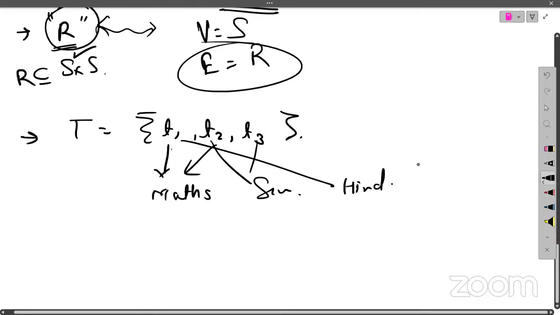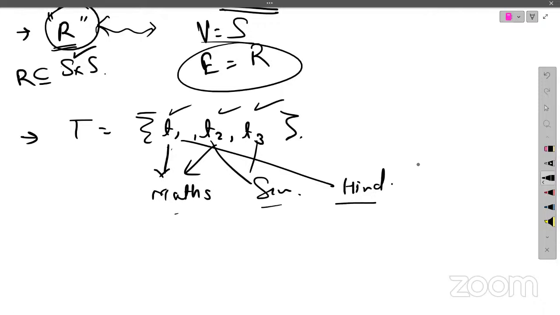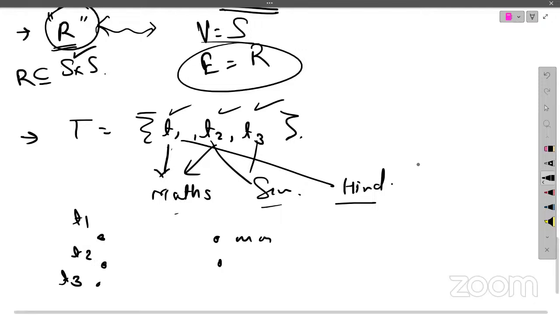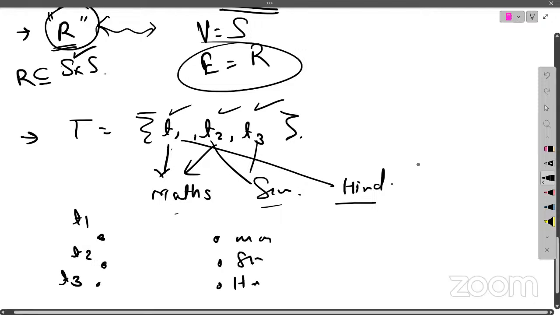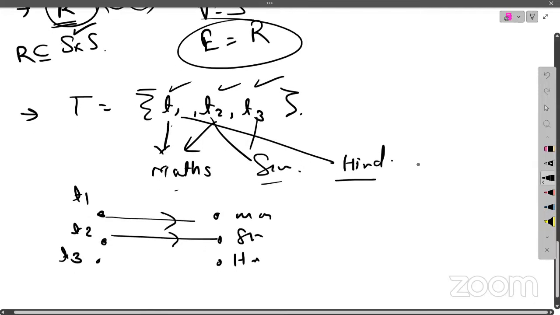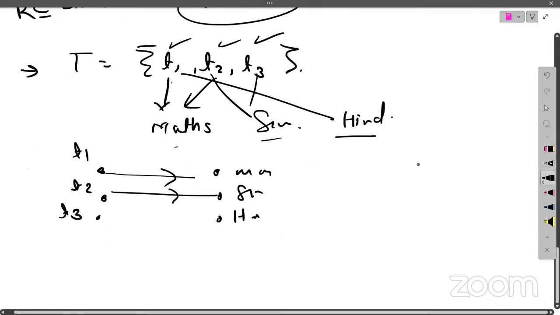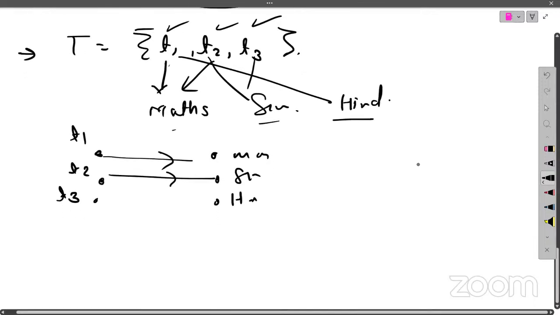To formulate this situation via a graph, I take T1, T2, T3, maths, science and Hindi as my vertices, and whatever relation is there I take as edges. So the nodes are T1, T2, T3, and the subjects are maths, science and Hindi, and whoever teaches which course, we point out with an edge. In this way, if you have some real-life situation, we can formulate a graph. That's the main meaning here.